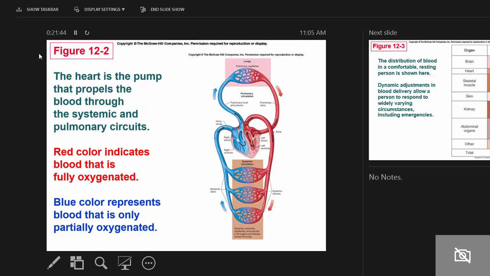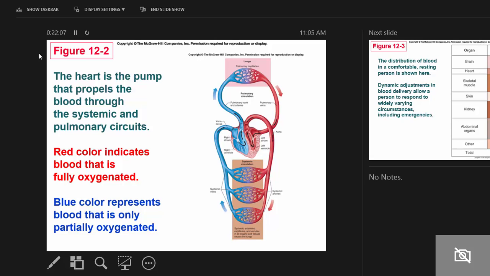The other way to think about the circulatory system is to say, well, there's a systemic circulation, meaning the whole body, and then there's a pulmonary circulation, which means that you go from the heart to the lungs and back to the heart. So really there's four ways to think about it.